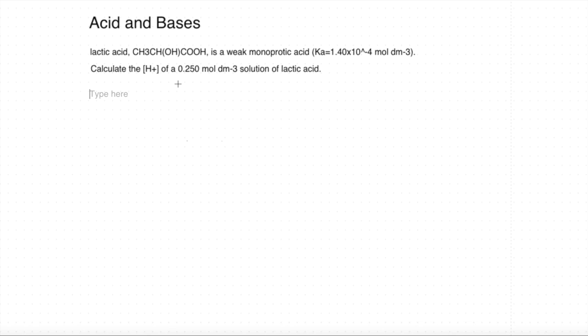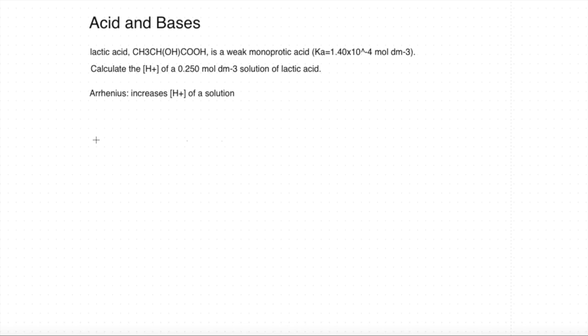What do we have? We firstly have Arrhenius, Bronsted-Lowry and Lewis. These are three definitions for acids, right? What does Arrhenius do? An Arrhenius acid increases the proton concentration of a solution.